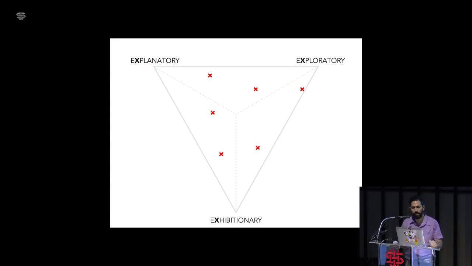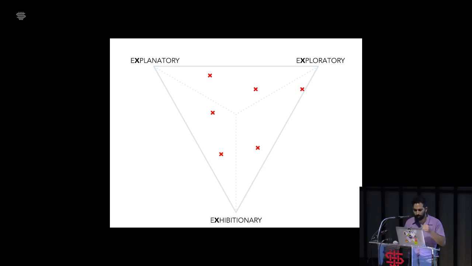Let's talk about the kind of visualizations that we can see. There's the explanatory visualization that explains something through a visual representation. There's the exploratory, and we talked a lot about visual analysis. And there's the exhibitionary, mainly visualizations that are there to create a nice picture.